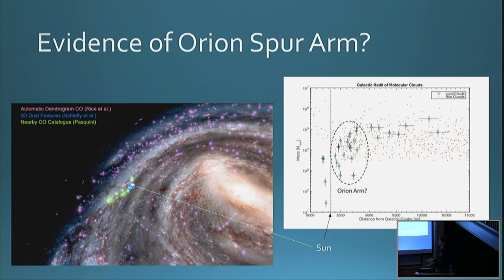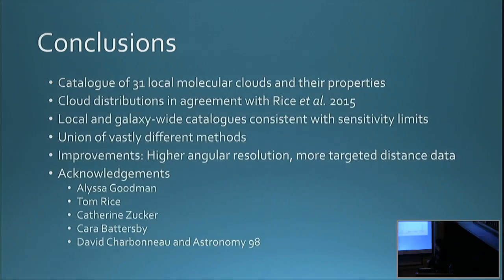The other possibility is that this is just an artifact of the data because the Schlafly et al. catalog focused away from the galactic center. So it's not entirely conclusive that this represents the Orion spur arm, but it's noteworthy nonetheless.